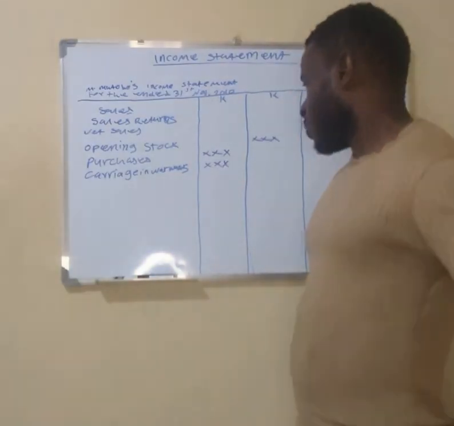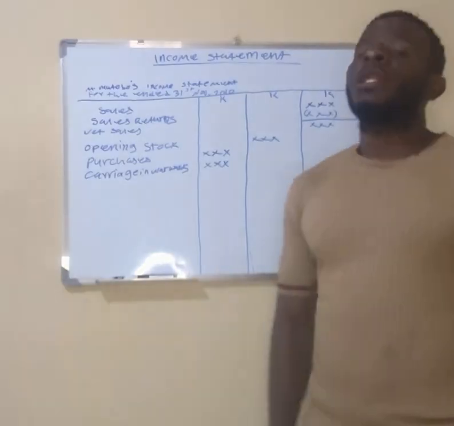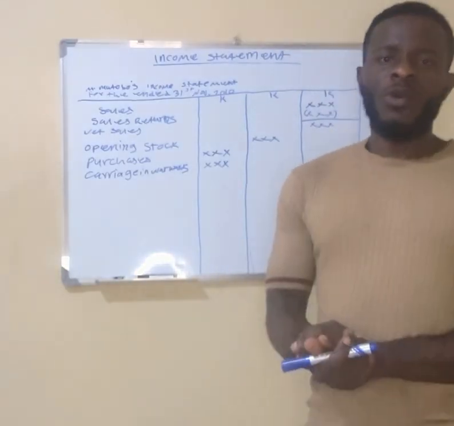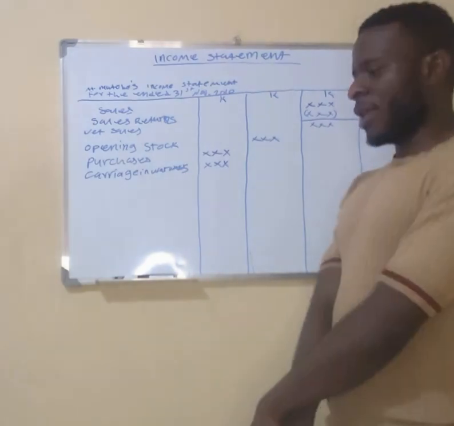We have the purchases returns. That one is going to be subtracted. So the purchases returns: you purchase goods, maybe you purchase 10 items, or 50 boxes, or whatever.